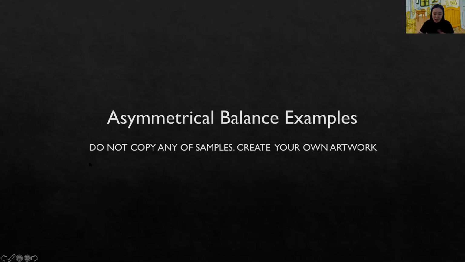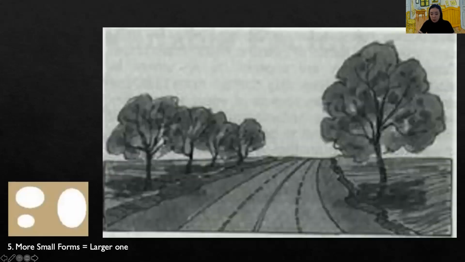All right. So I'm just going to clarify now all the assignments before we finish the meeting. So I will show you the examples first. Like this, most of the landscape drawing or painting is using this asymmetrical balance type.